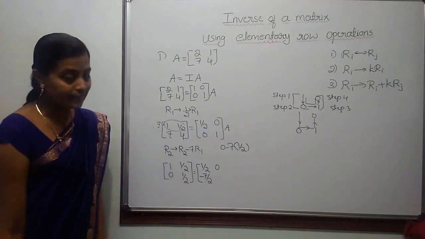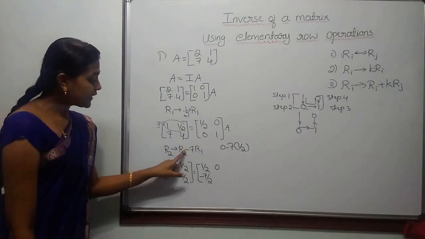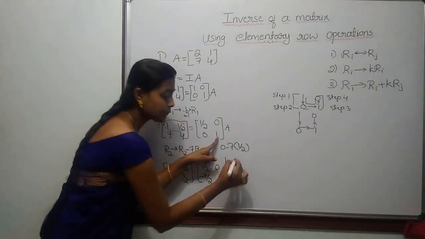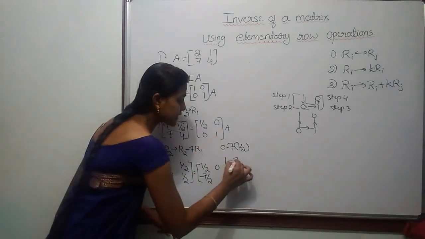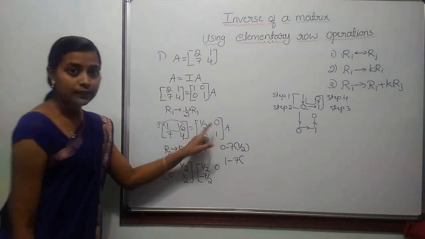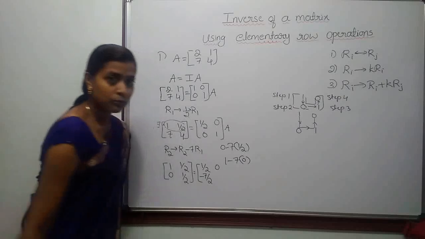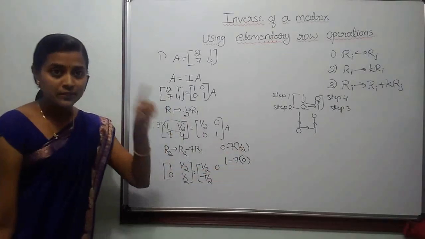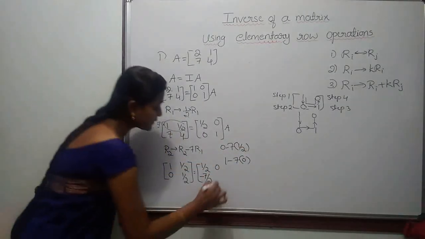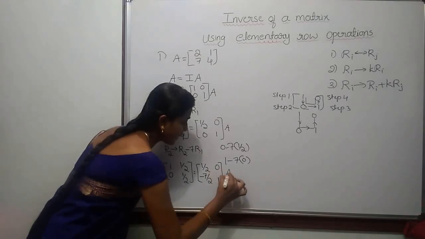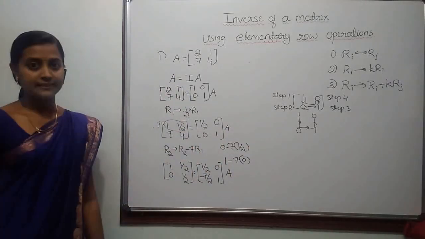Similarly for the second element of R2 is 1 minus 7 into R1, second element of R1 is 0. 7 into 0 is 0. 1 minus 0 is 1. And write this matrix A as it is.